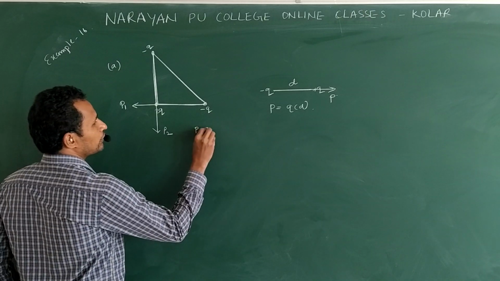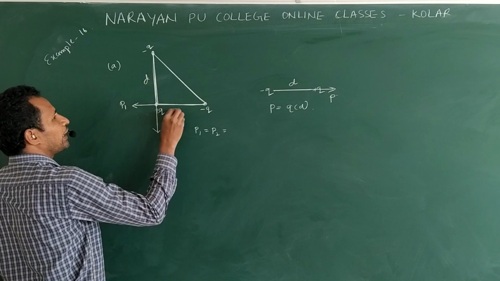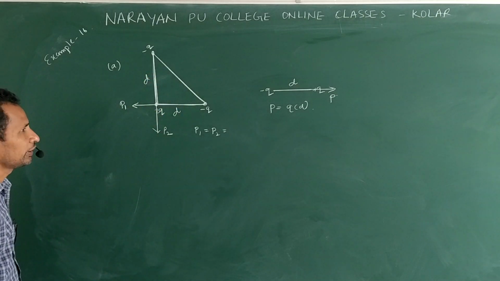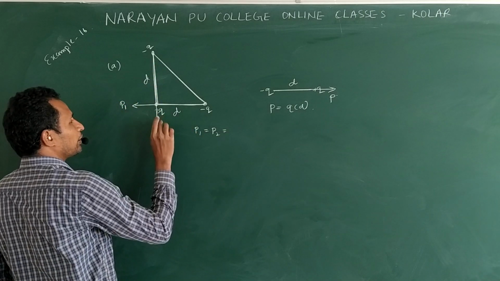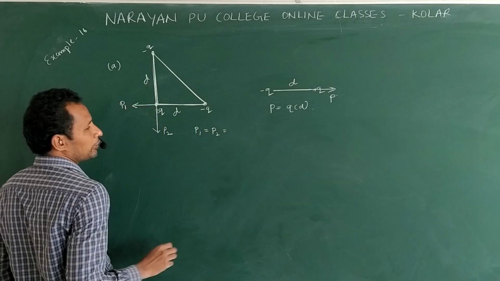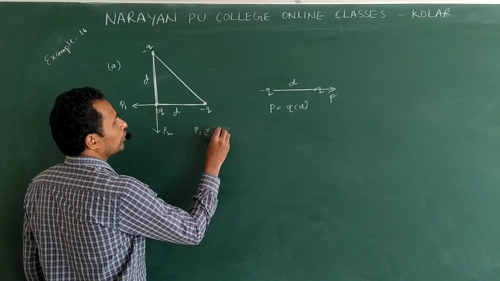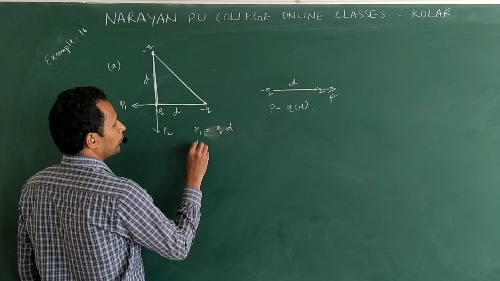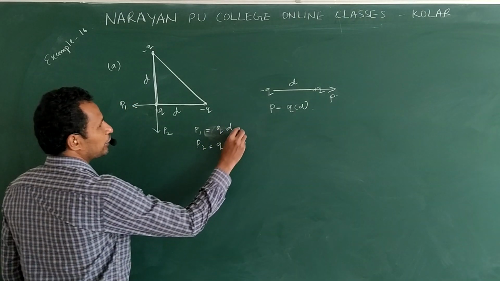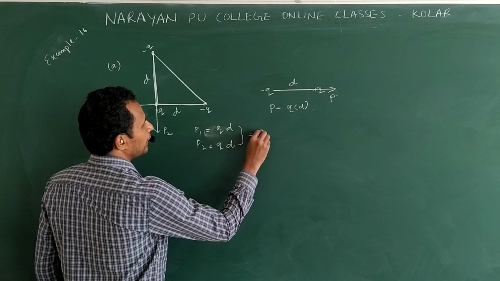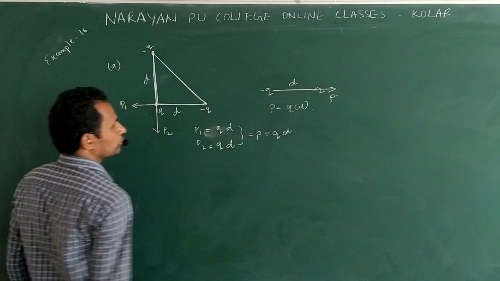P1 is equal to P2 because the separation between them is given as d and d, and the charge magnitudes are the same. So P1 = Qd and P2 = Qd. Their magnitudes are the same, so I can write it directly as P = Qd.